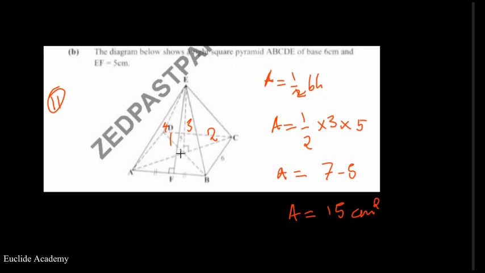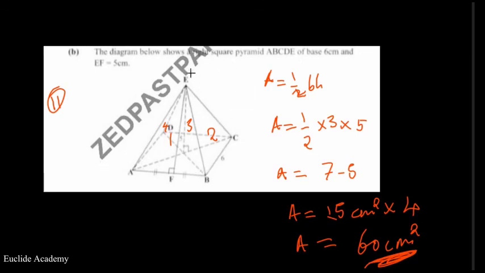Now that is for one face here, but how many faces do we have? 1, 2, 3, 4 of them, so we just have to multiply this by 4, and the total surface area for the triangular faces is going to be 15 by 4. We know 15 times 2 is 30, and times 2 again gives us 60. So this is 60 centimeters cubed as the surface area for the triangular faces.